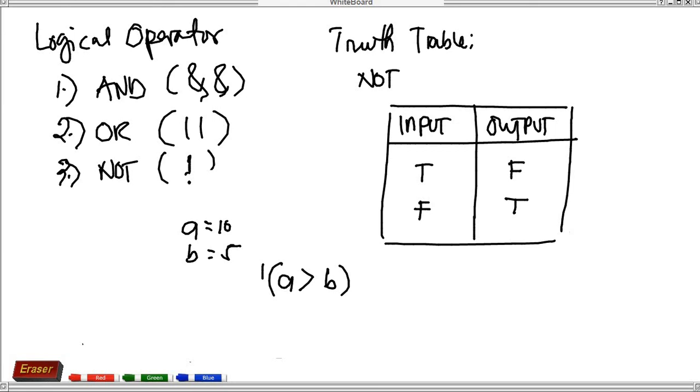Then you're going to put NOT here. So, A is pila? This is 10, greater than 5. So, okay, the result is what? This is true. Okay? True ang result. But since you have NOT here, therefore, i-reverse niya. So, what will happen? The result will become false. Okay? Because it is going to reverse the value. The same thing, if the result here is false, reverse niya, that will become true. So, invert lang niya ang final result. Okay, that's the concept of NOT.